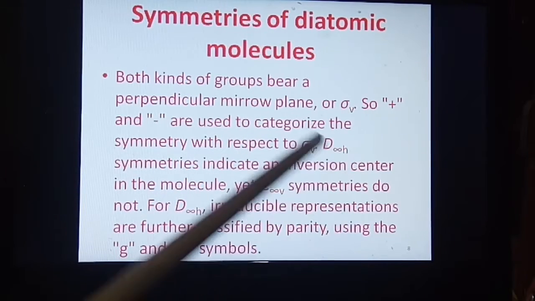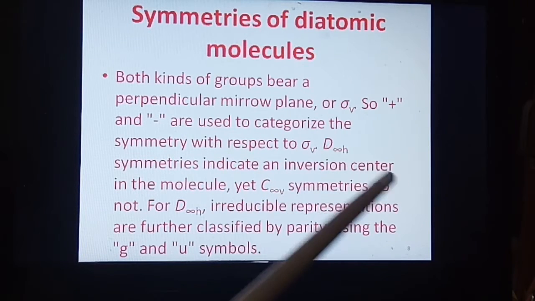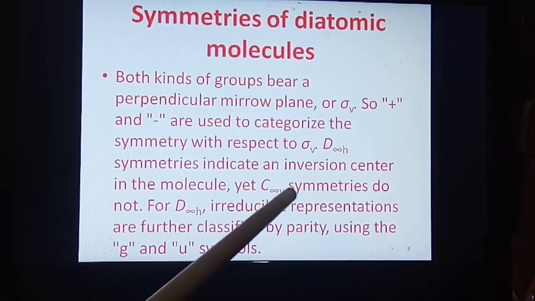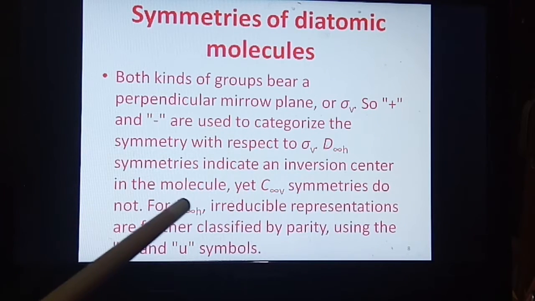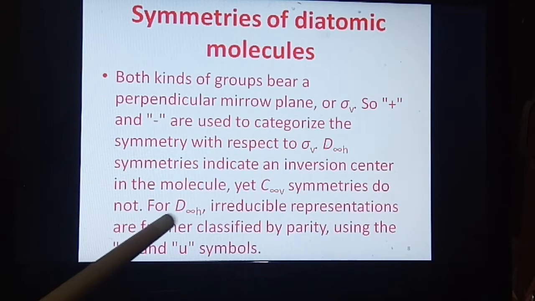D infinity h symmetry indicates an inversion center in the molecule, yet C infinity v symmetry does not. For D infinity h, irreducible representations are further classified by parity using the g and u symbols.